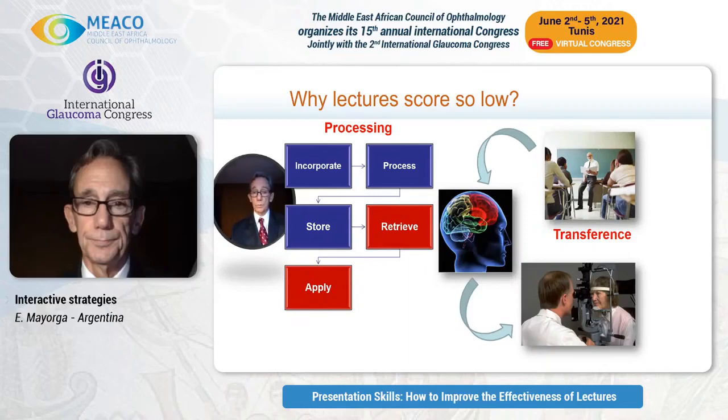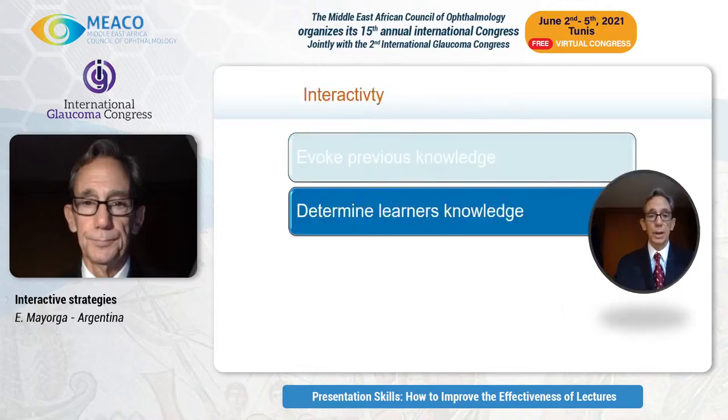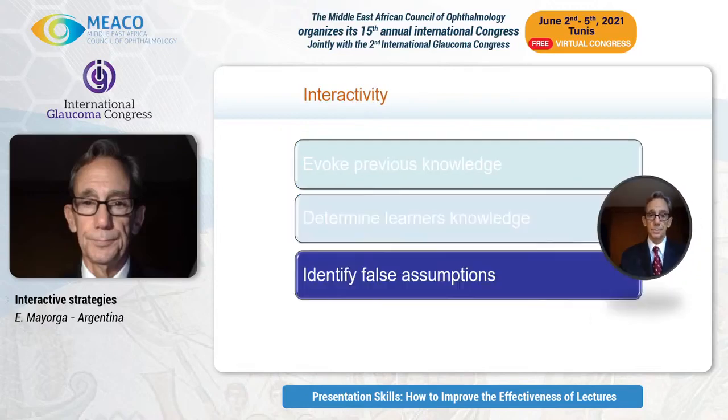Adding interactivity to lectures is one way of helping the processing phase. When you ask a question to the audience, it evokes previous knowledge. This will help in several ways. It will allow you to determine learners' knowledge and allow you to adjust your presentation to it.